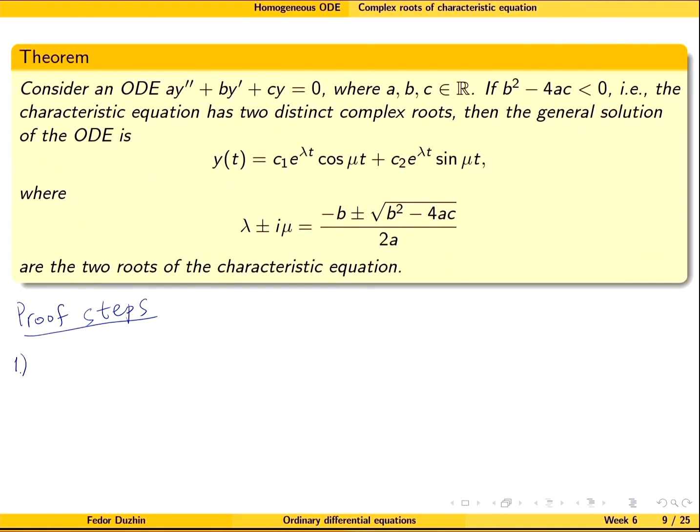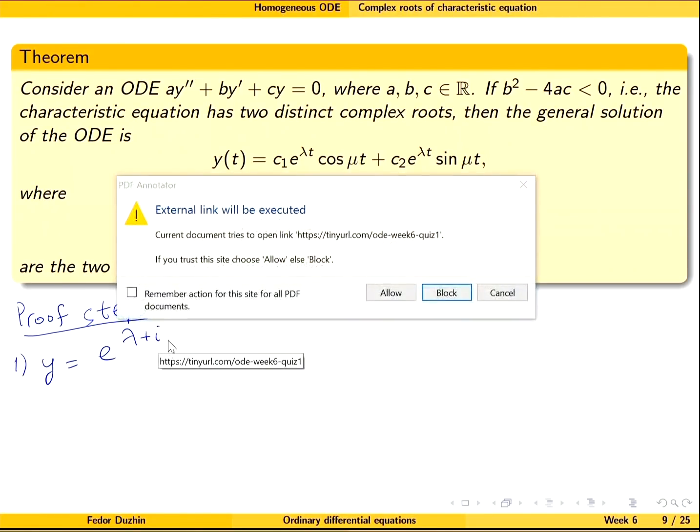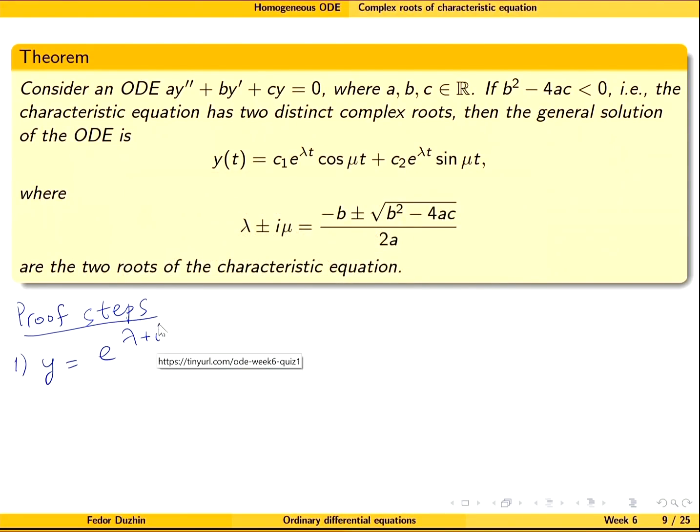The first step is to realize that the function y equals e to the power lambda plus i mu times t is in fact a solution. So this is a solution.